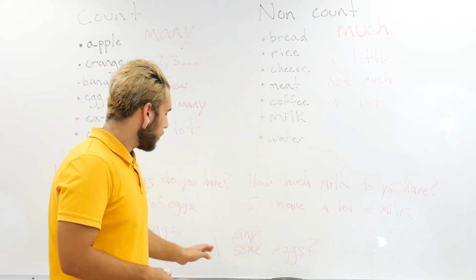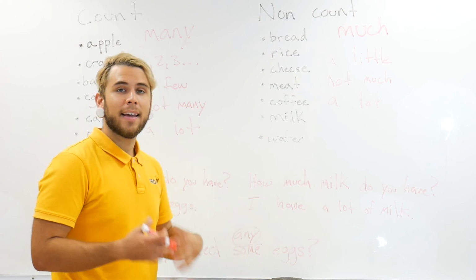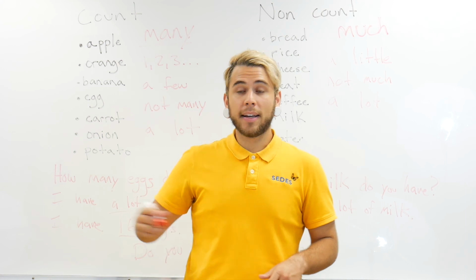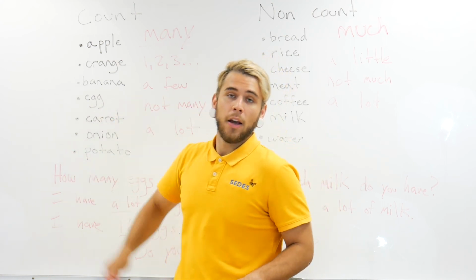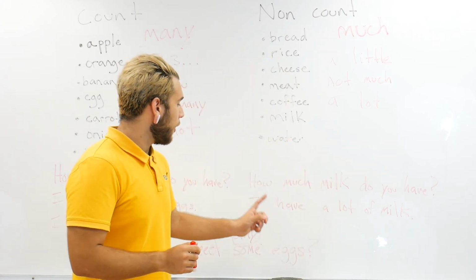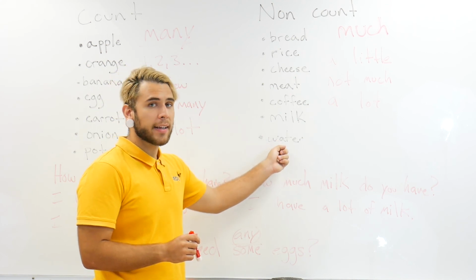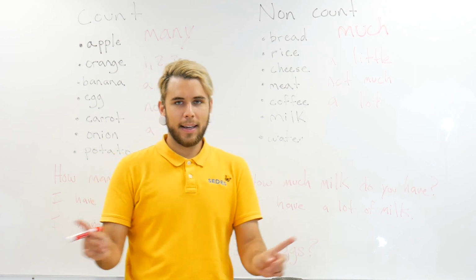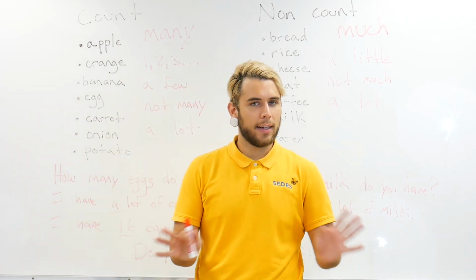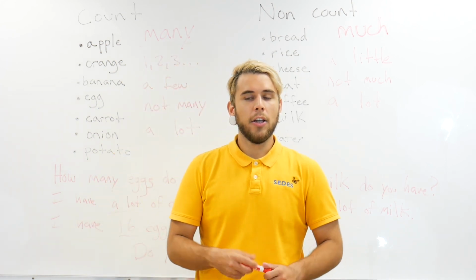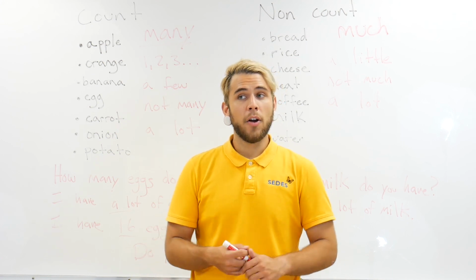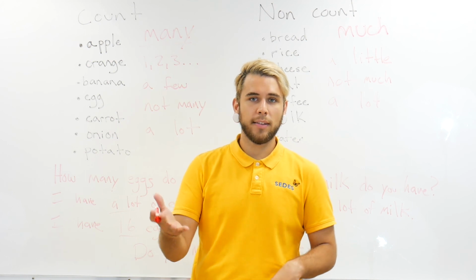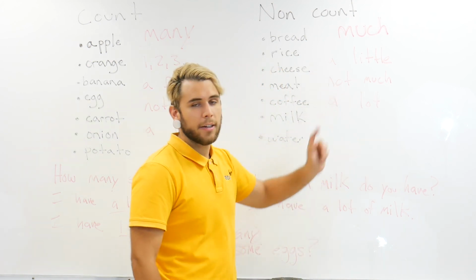Do you need some or do you need any eggs? Yes, I need 5 eggs, because it is a count item. But you cannot answer with a number for a non-count item. Do you need some water? You cannot say, I need 5 water, or 5 waters. You would say, I need some water, or I need a little water, I need a lot of water. Just the same way you can answer these right here.